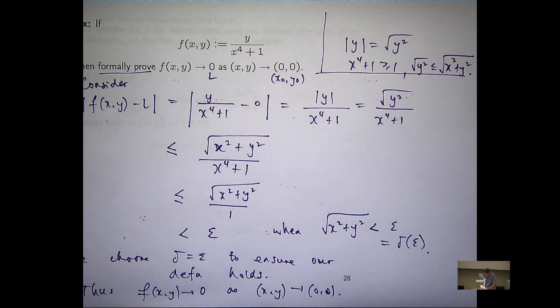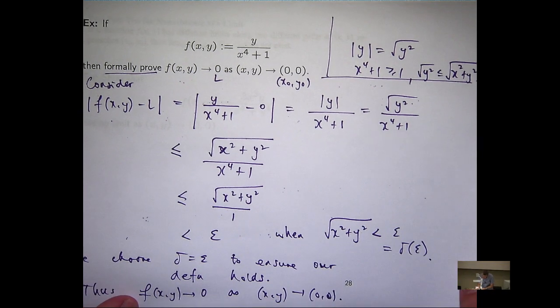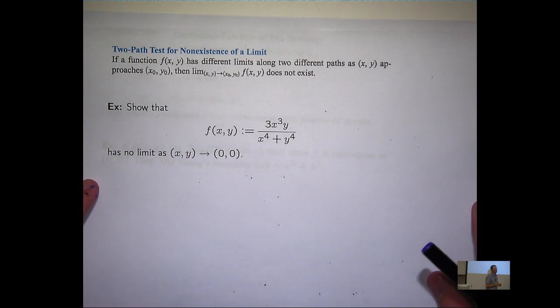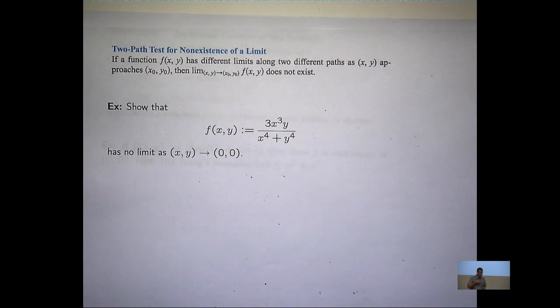Now, like I said before, you don't always need to use epsilons and deltas. In particular, a very, very powerful technique is the following test that we're going to learn. This is very powerful because it's simple and it's kind of a generalization.